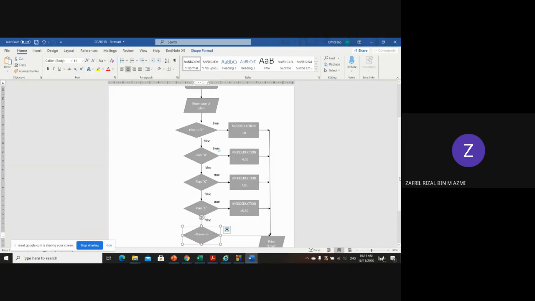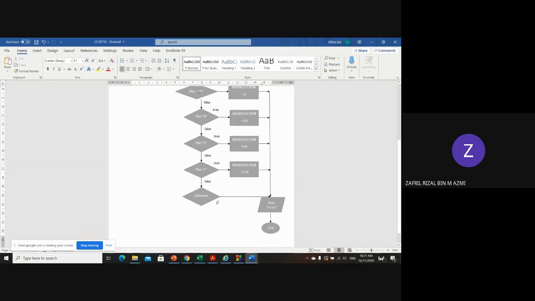If you put it like this, you have only one out arrow. If you have a decision, you must have 2 out arrows from the symbol. The first arrow should be true, the second one false.